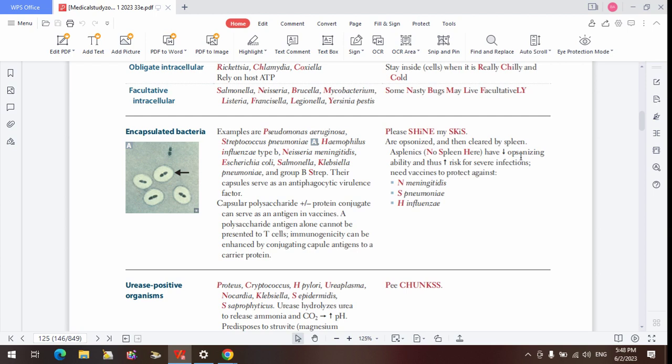So the way we take care of an encapsulated organism is this: the spleen releases IgG that can bind to the capsular polysaccharide. The capsular polysaccharide binds to the FAB region of the IgG. Macrophages then come and bind to the FC region of the IgG. You can see that the macrophages are not binding to the capsular polysaccharide directly; they are binding at the lower part, with the antibody serving as an intermediate.